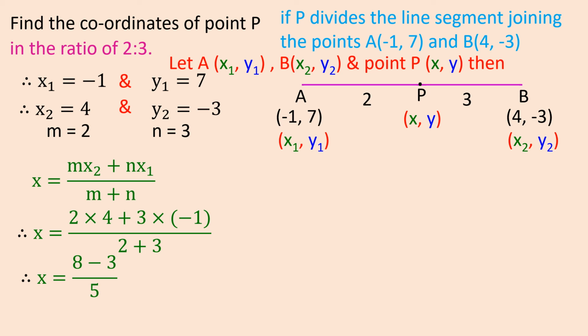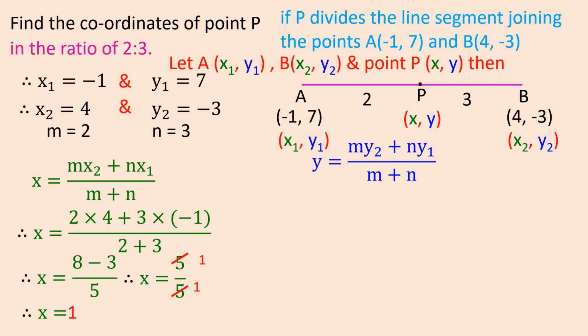Further simplifying, 2 into 4 by BODMAS rule is 8 minus 3 upon 5, which is nothing but 5 upon 5. Again we can go for cancellation, 5 one time, 5 one time. The value of x is 1. So the x coordinate of point P is 1.